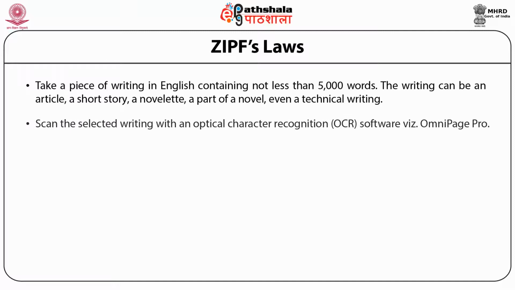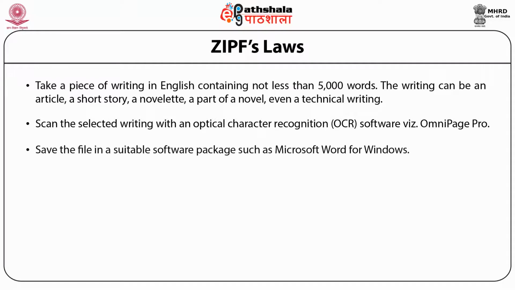Number 2, scan the selected writing with an optical character recognition software, namely OmniPage Pro. Step number 3. Save the file in a suitable software package such as Microsoft Word for Windows. Step 4.